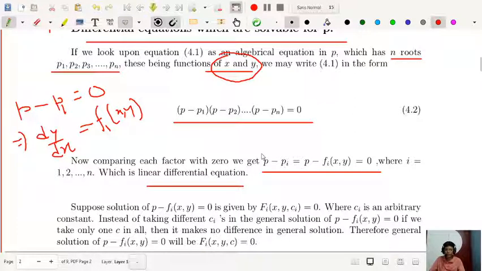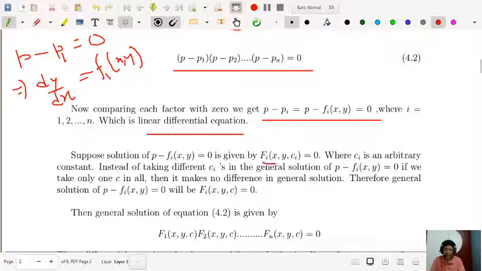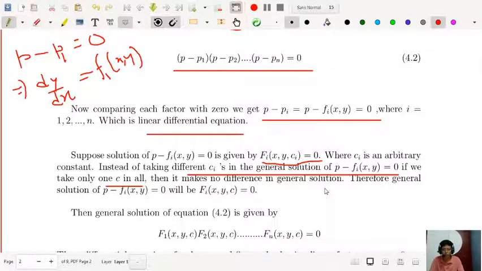If you solve this differential equation, you will get a solution like this, where ci is an arbitrary constant. For different linear factors you have different arbitrary constants, but instead of taking different ci's, if you take only one c in all, it makes no difference in the general solution.